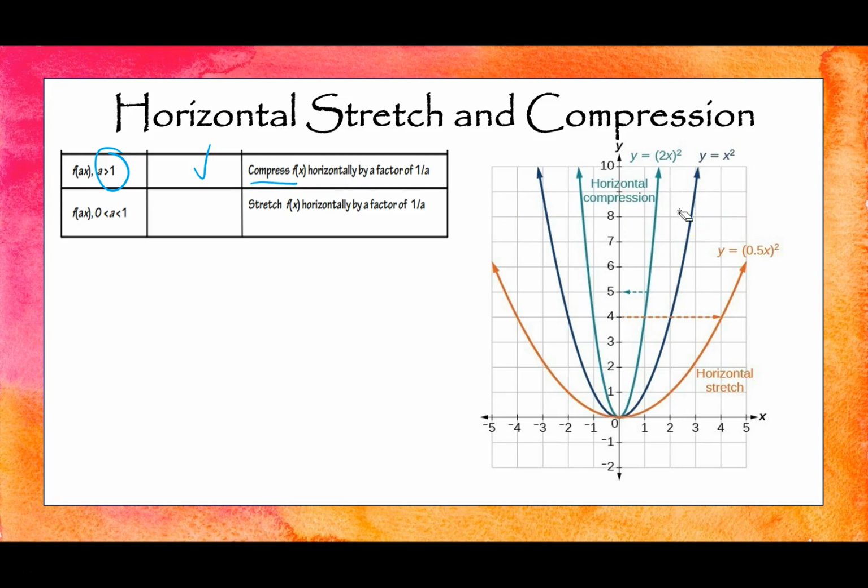And last but not least, thanks for sticking with me, if my a value is a fraction, which it is here, you're basically taking your blue parent function and you're pulling it out. You're actually stretching it horizontally and making it wider.